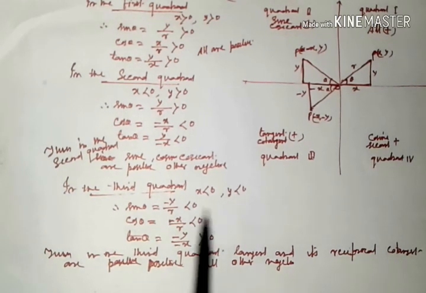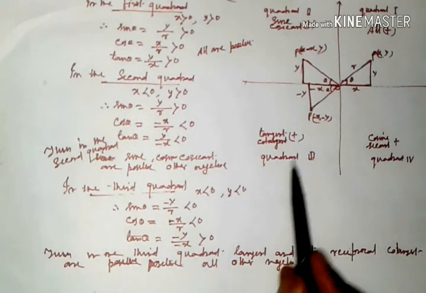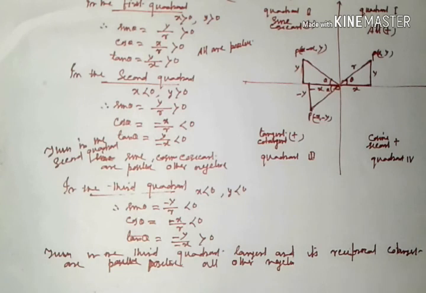This is in the third quadrant. So we write tangent and cotangent are positive, all other negative in this side.